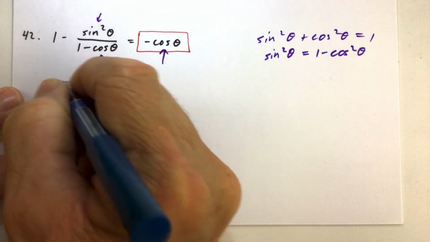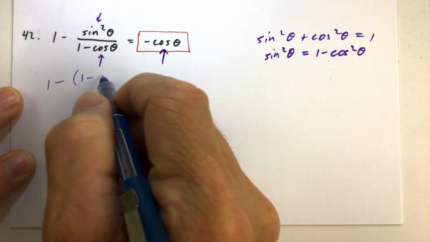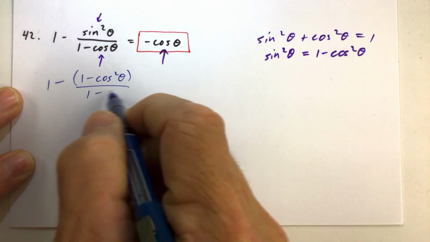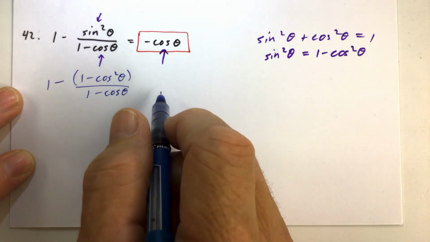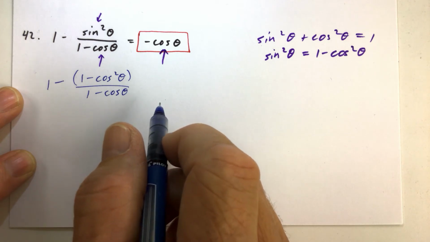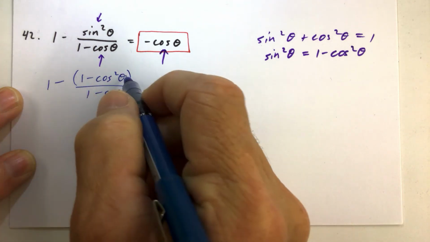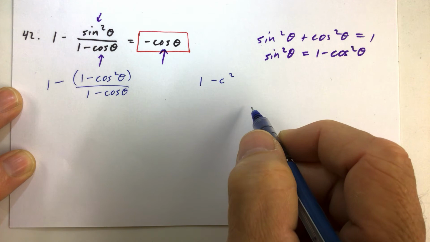Let's go ahead and do that. So we have 1 minus, and again, for sine squared, we're going to replace that with 1 minus cosine squared. Now, if you're good with your factoring, this should be no problem. But if you're not, this could be a major problem. Now, look, 1 minus cosine squared, let's think of that as 1 minus c squared.